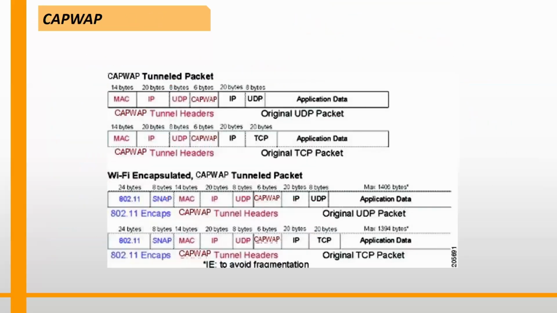There is one important protocol called CAPWAP. In networking, the term protocols is very important. Nowadays, because of automation, it is all APIs, but in the older versions it was nothing but protocols.